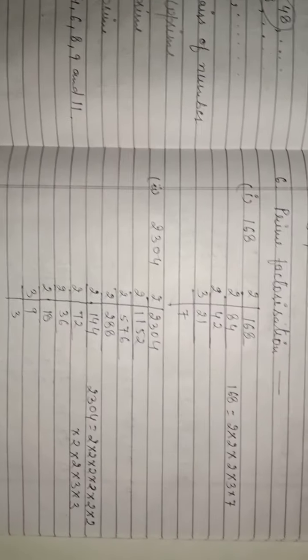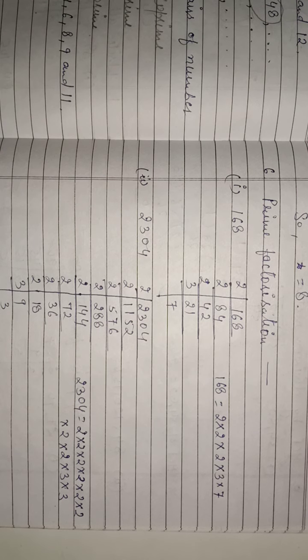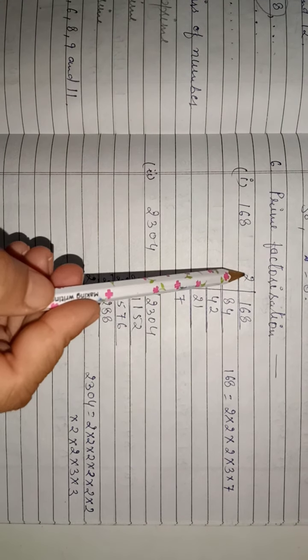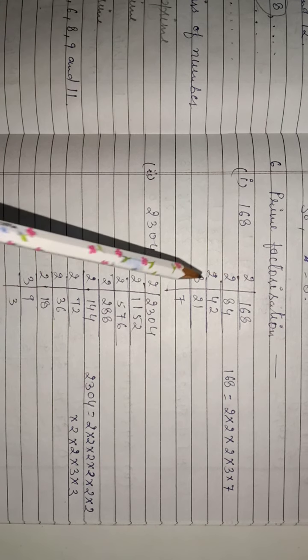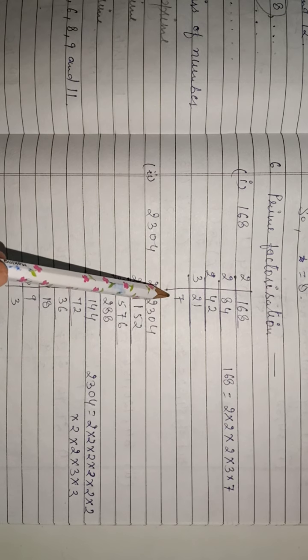Now the sixth question, we have to find the prime factorization, and students, we know very well that for the prime factorization of 168, first we divide by the smallest prime number, that is 2, then 2 again, then again 2, then 3, and then last we get 7.